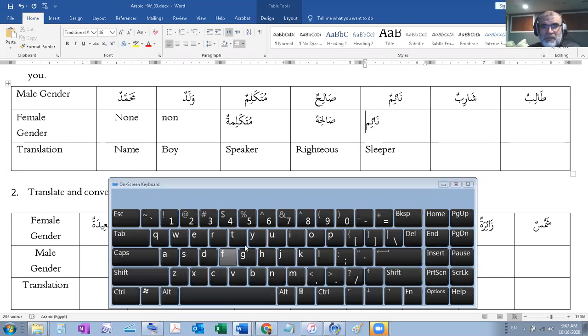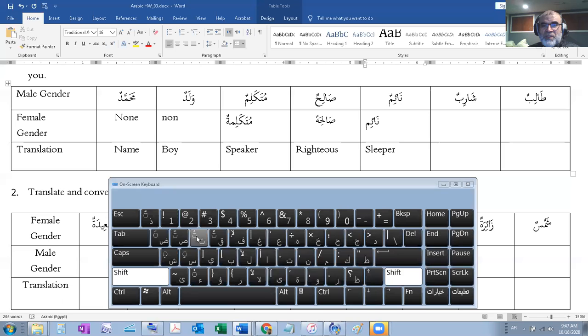So I change this from English to Arabic, and then I change this to تاء مربوطة. So the tanween dhamma becomes dhamma, and then we have تاء مربوطة, and then tanween.